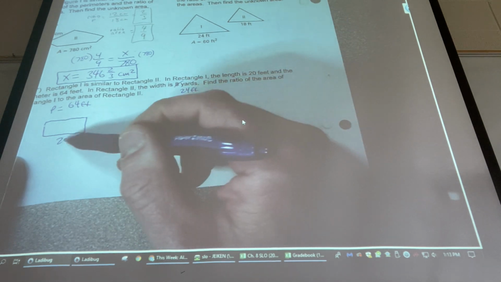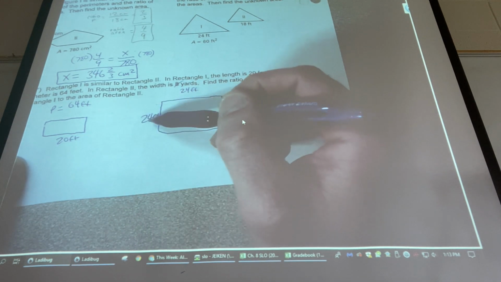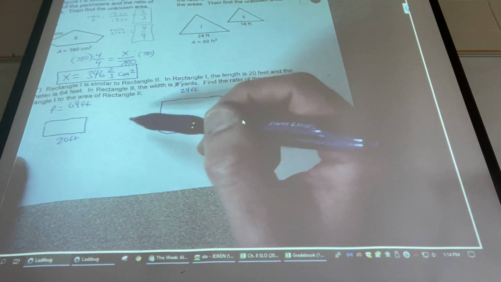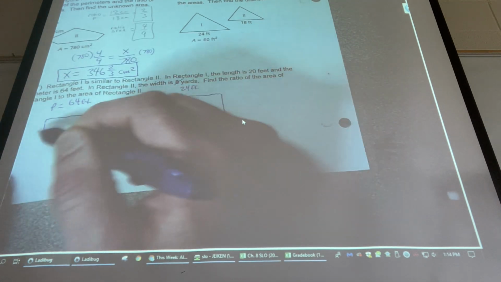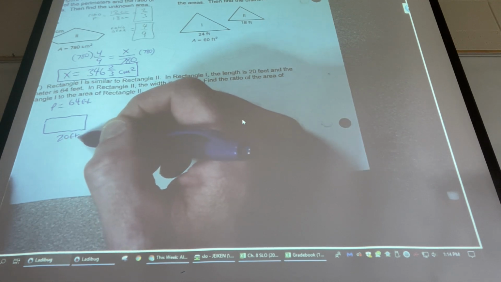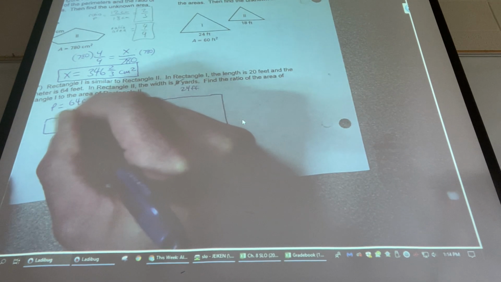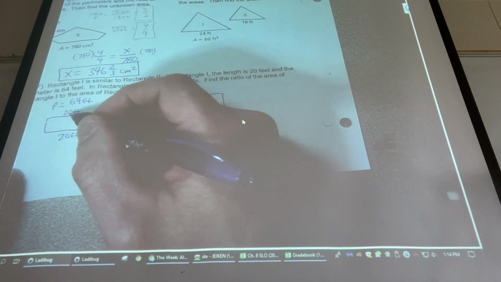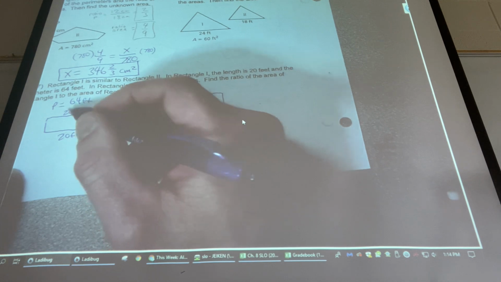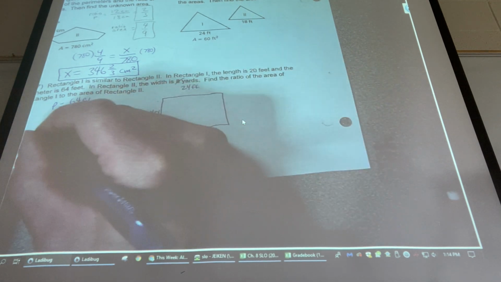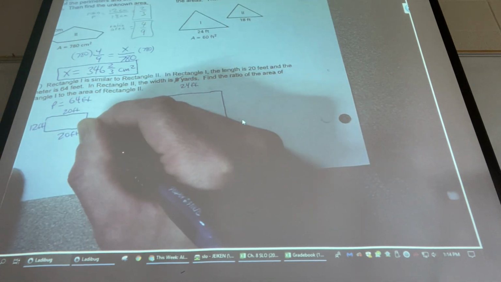I can't compare 20 feet to 24 feet because they're not in the corresponding positions, are they? So let's spend a little bit of time over here. If this is 20 feet, what else is 20 feet? The opposite side on a rectangle. That adds up to 40. What's left over? 24. 24 is left over, but don't we have 2 more sides? So it's 12. So aren't these going to be 12 and 12?